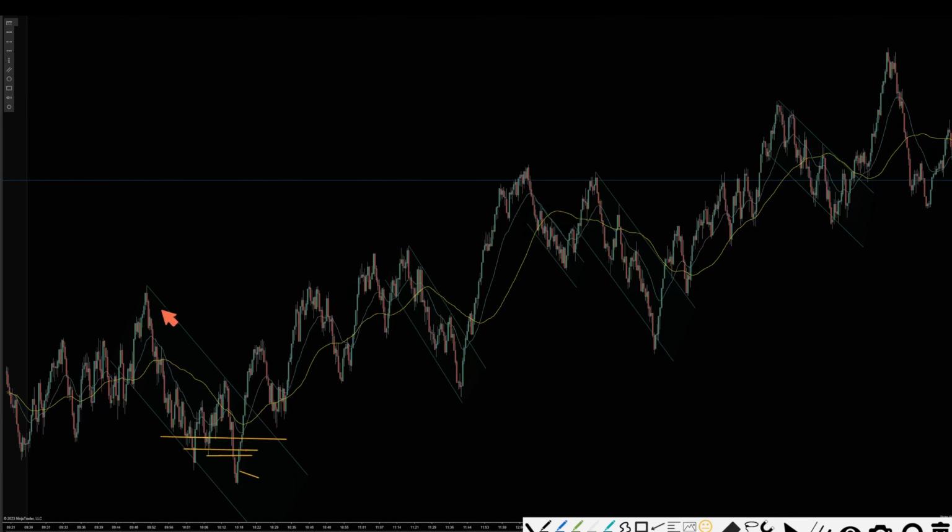Then they finally went through the down channel, and again there was a sell off here, and in this area they retested, but the sellers were not able to push the price below this level again, and we finally see the price going above the moving average.